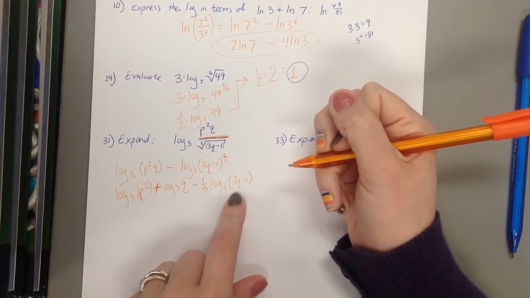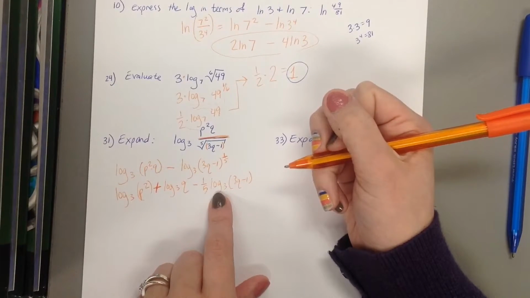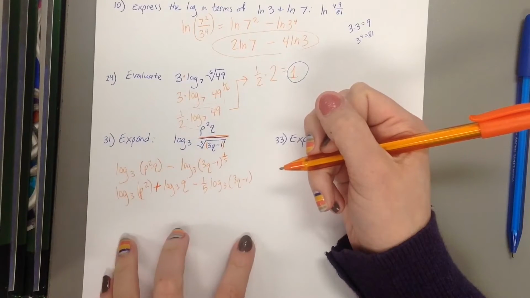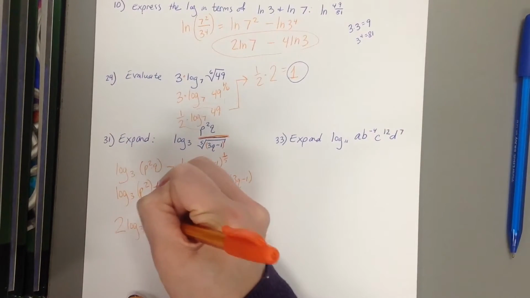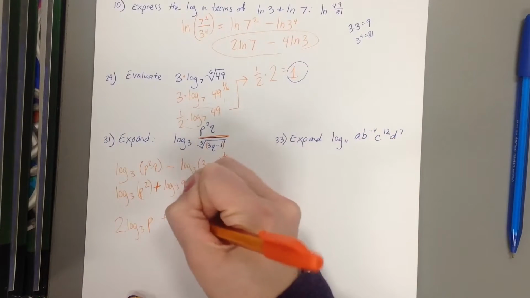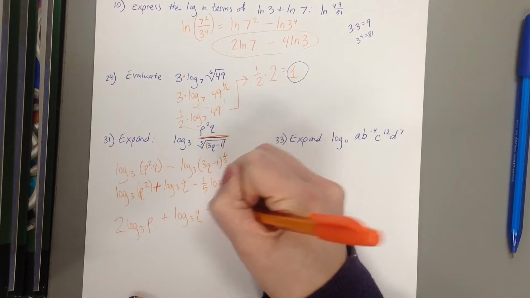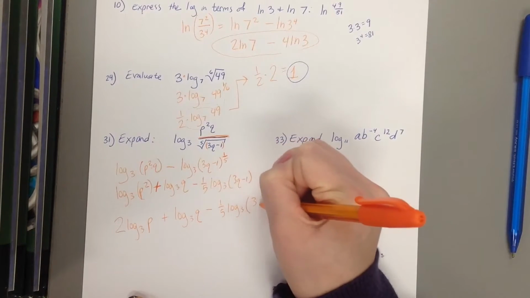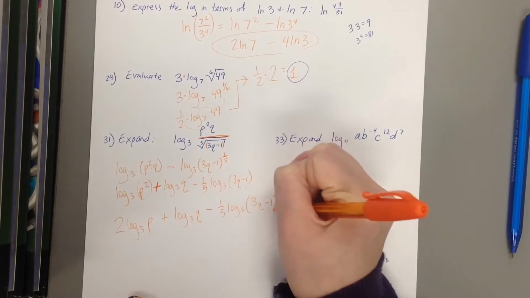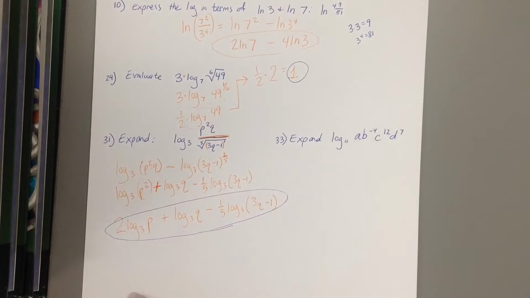That does not get separated because it is subtraction within a logarithm. There is no rule that says I can do anything with that. Last thing is this exponent, I'm going to make this 2. Log base 3 of regular old p plus log base 3 of q minus 1/5 log base 3 of 3q minus 1. And that is my final answer there.